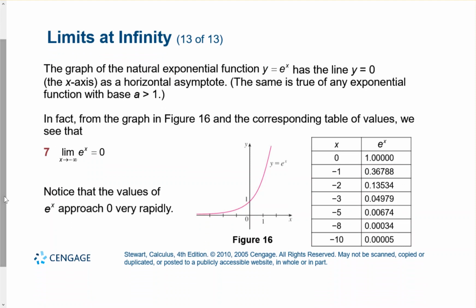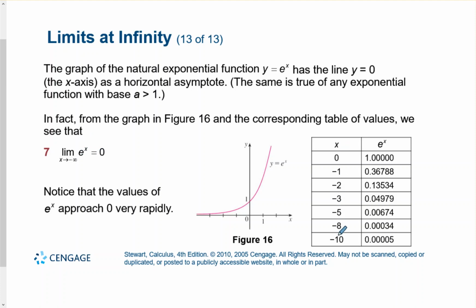Okay, for the natural exponential function, y equals e to the x, notice the graph. We have a horizontal asymptote at y equals 0. That's because the limit as x approaches negative infinity would be equal to 0.